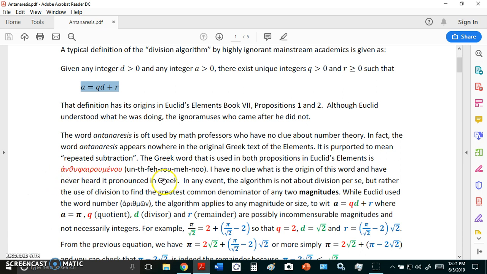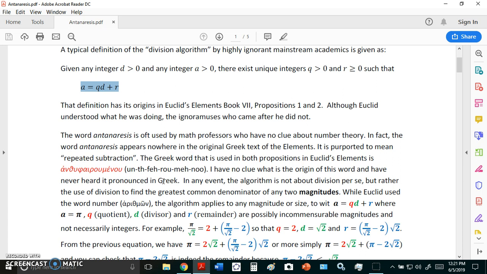So I have no clue what is the origin of the word antenaresis and where it comes from, but I've seen it tossed around many times even since I was young, and it simply, according to those who use it, means repeated subtraction. So anyway, that's a little minor point.